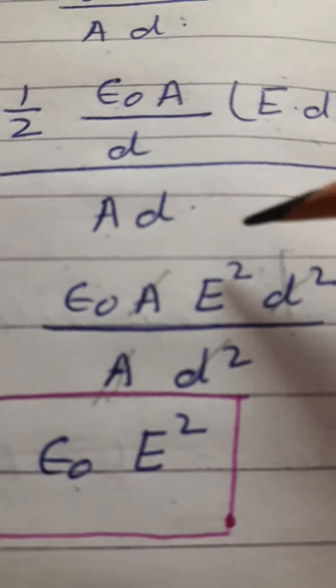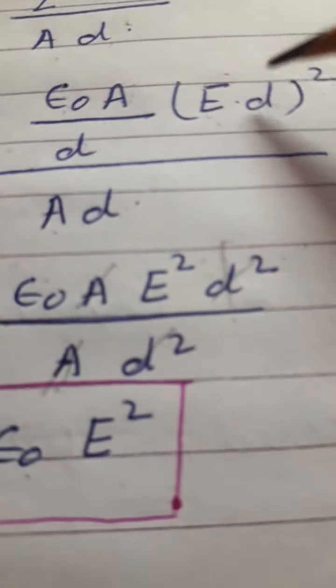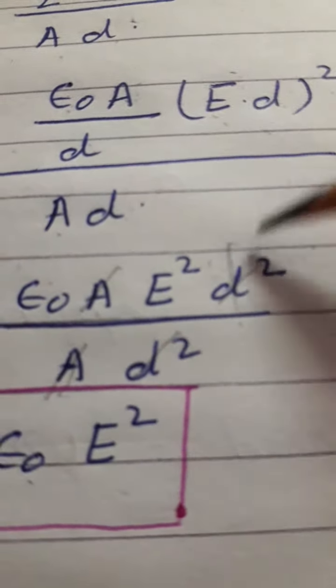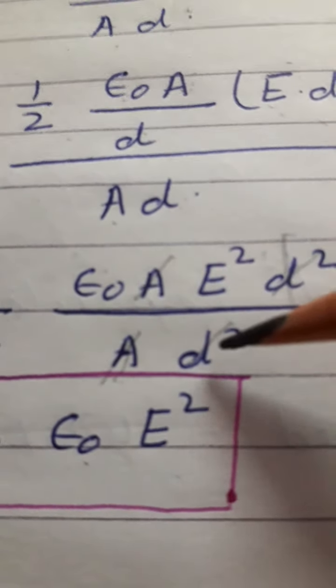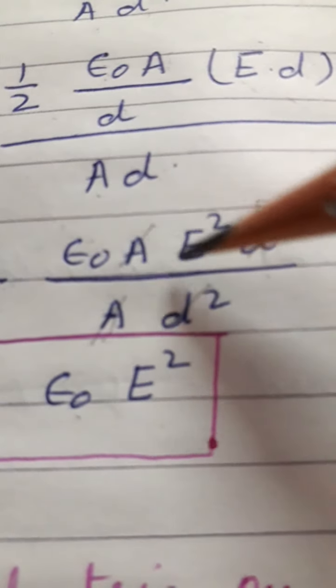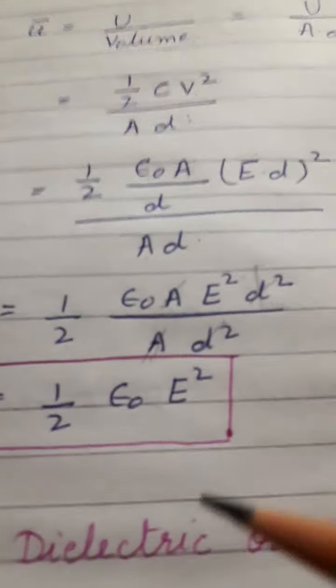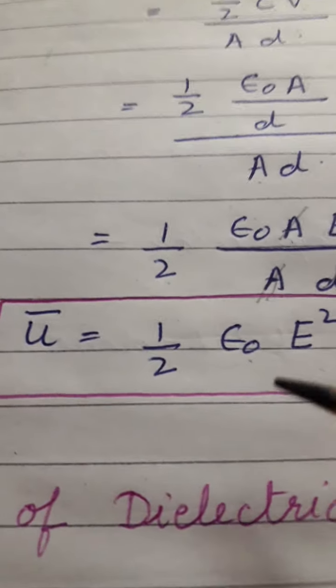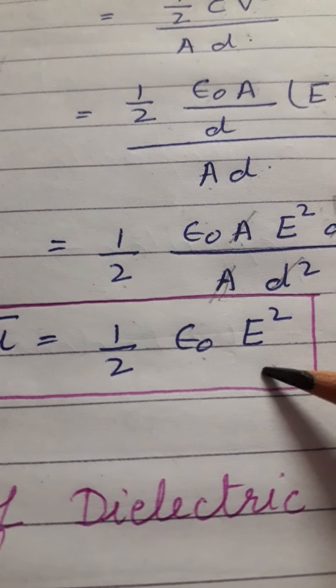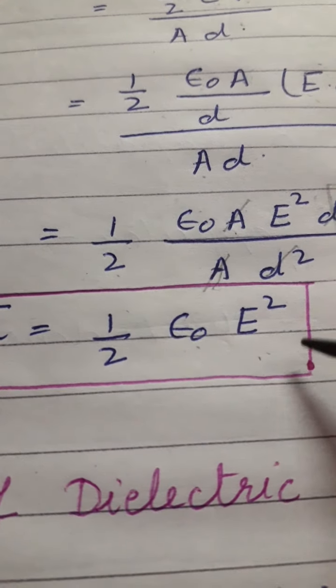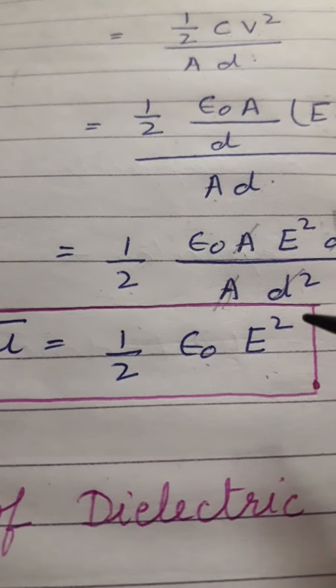Now we can see this is epsilon naught A, E square, this is D square upon A, and this D will come here and multiply to make it D square. Now you can see this A and A will cancel out, this D square and D square will cancel out, and the final formula for the energy density will be u bar is equal to half epsilon naught E square. That is our final formula for the energy density.